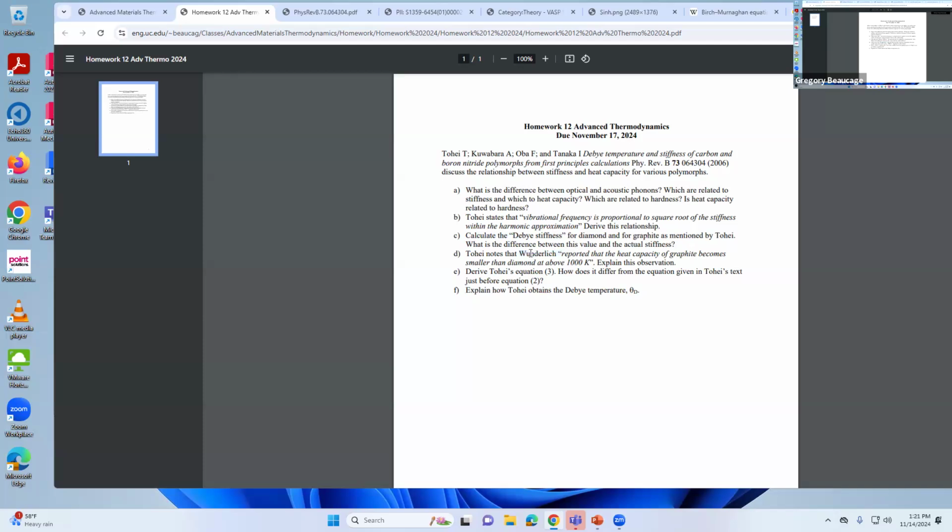The reason he made this paper is because Wunderlich had said that the heat capacity of graphite becomes smaller than that of diamond above 1,000 K. So Wunderlich measured it. Apparently heat capacity measurements at such high temperature are almost impossible to do, so the error bar is huge. He mentions this at the beginning of the paper.